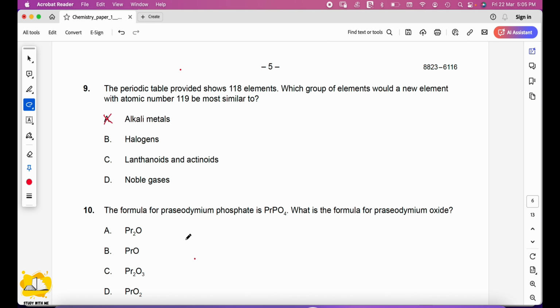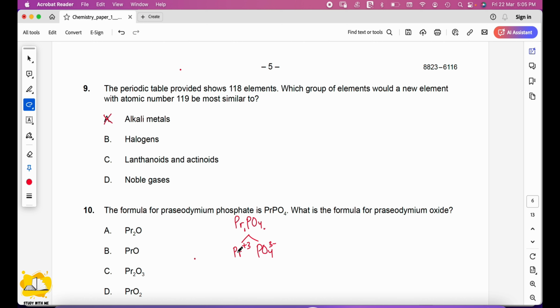So for number 10, the formula of praseodymium phosphate is PrPO4. What is the formula for praseodymium oxide? If we break it down, PO4 is the 3 minus phosphate ion. So Pr would be plus 3, because there is no number here, so they cancel out.